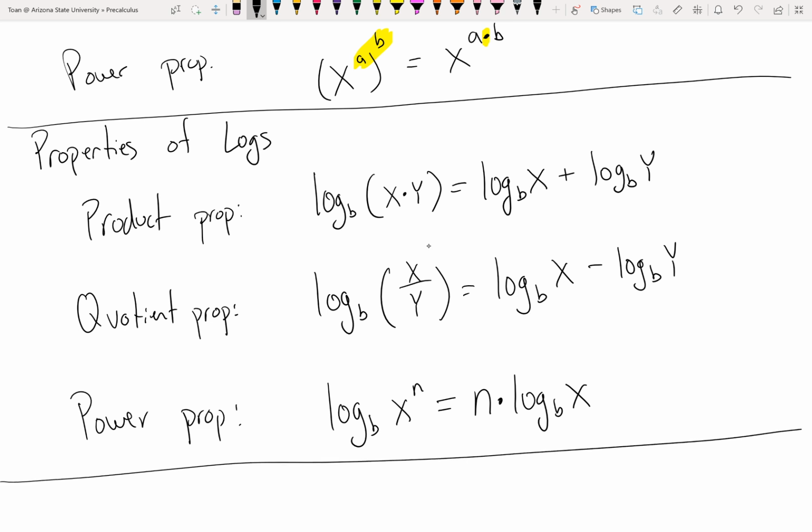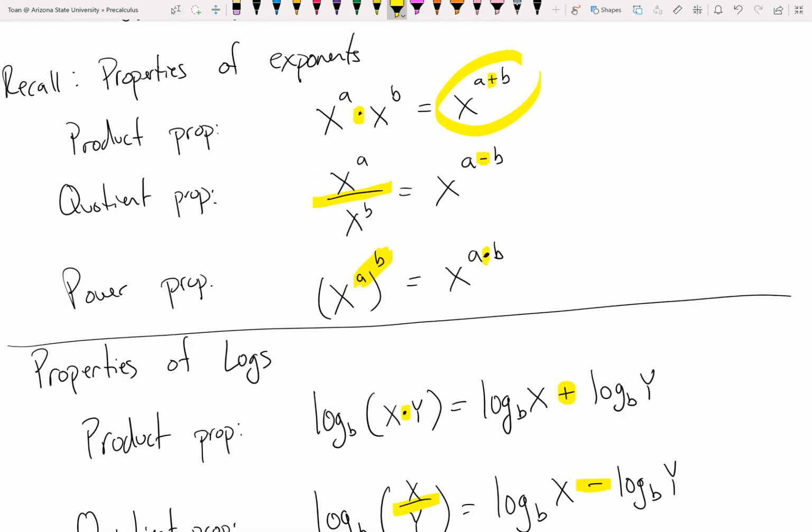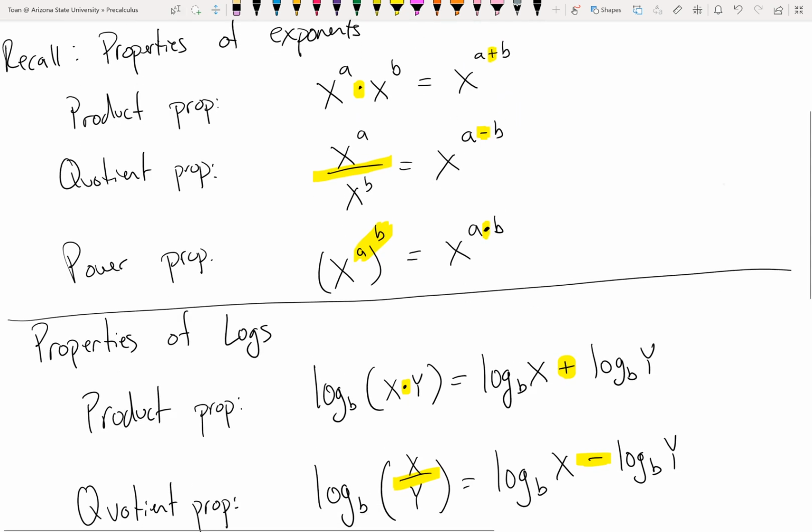And notice the relationship is still preserved. When it comes to logs, if there's multiplication, it relates to addition. If there's division, it relates to subtraction. If there's exponentiation, it relates to multiplication. And it should make sense because we know you add the exponents when there's multiplication.